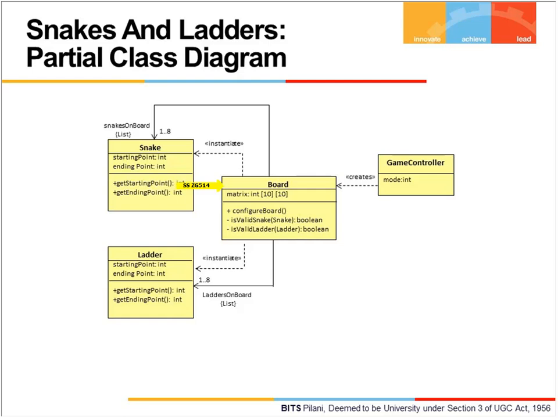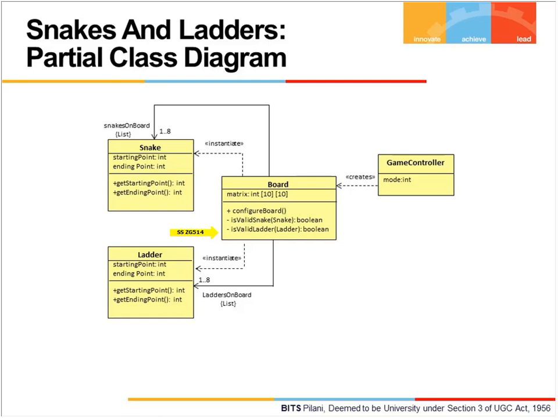Now my board is there. My board has a 10 cross 10 matrix for the array of the board, and I've got three methods here, which are configure board, which is public, and an is valid snake private method I have, and then an is valid ladder.